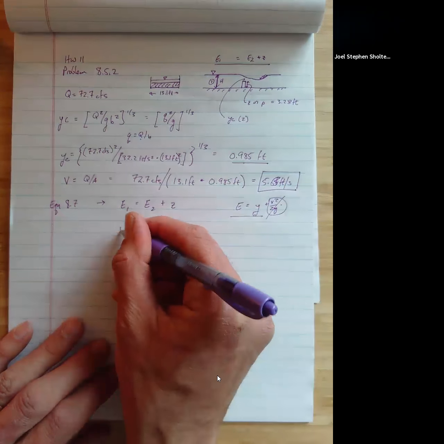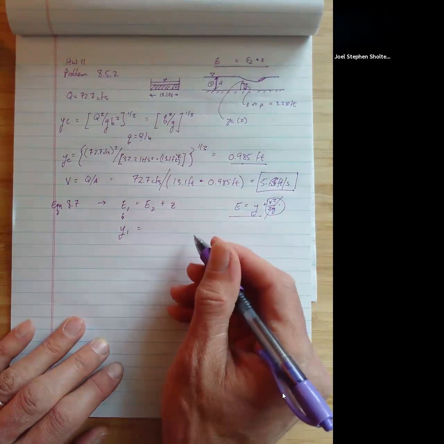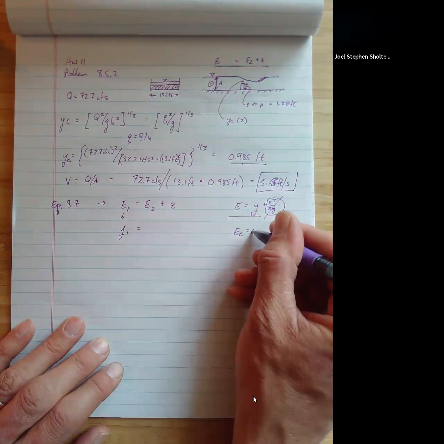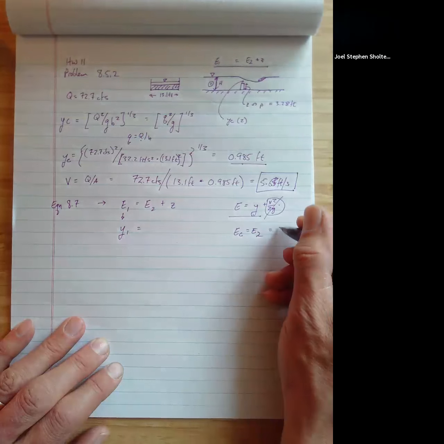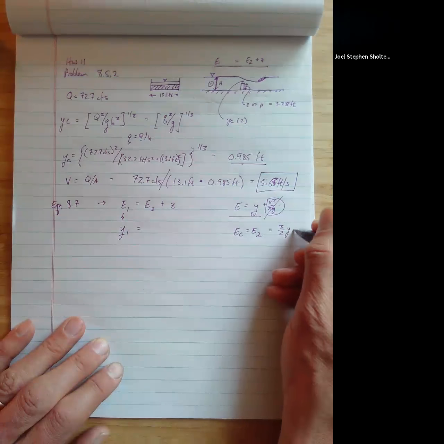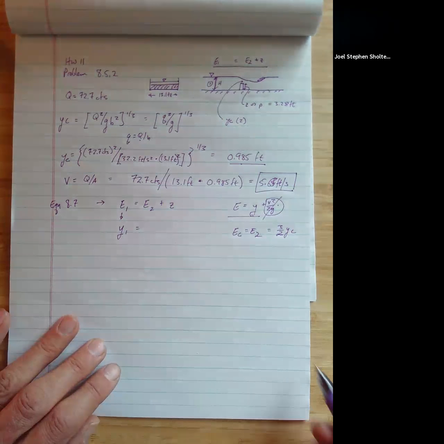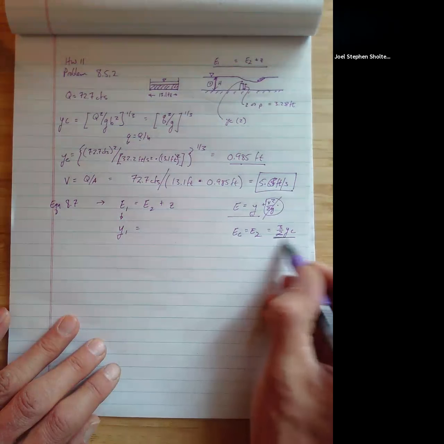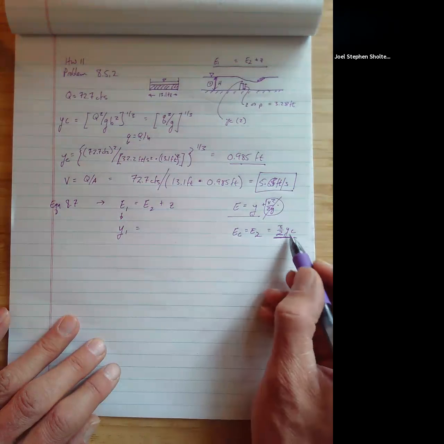So then we'll say y1 for E1 is equal to E2, which happens to be EC, the critical energy over here, which happens to equal 3/2 YC. And that's, again, going back to specific energy and taking the derivative of it, setting it to 0, so we find the minimum energy. So for rectangular channels, the critical energy is equal to 1.5 or 3/2 times YC.